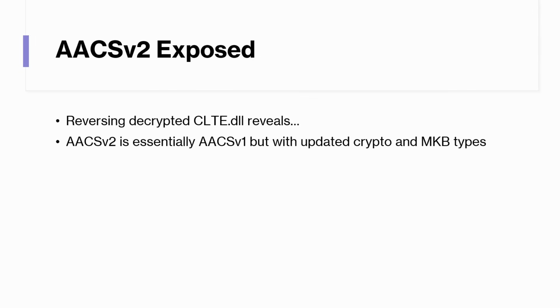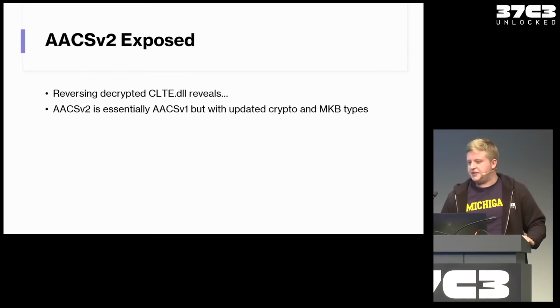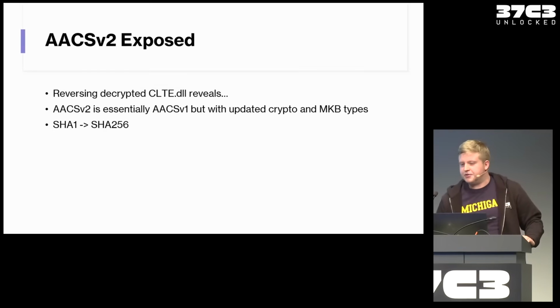Oops. So okay, now we have all this, we have the keys, we have the PCL key, we have the enclaves decrypted. Let's take a look inside. Well, reversing it, the real CLT reveals that it's actually pretty much the exact same thing as AACS v1, just slightly updated with some new crypto ciphers and a couple of very similar, just new MKB entries.